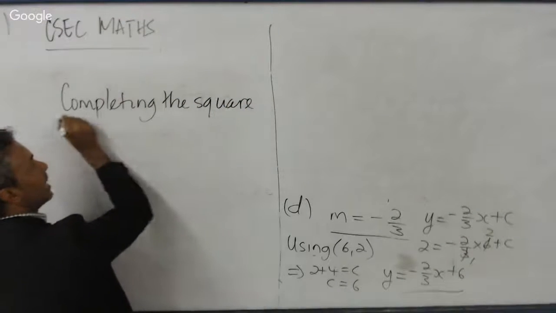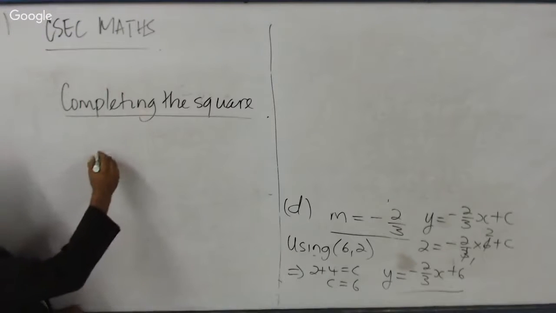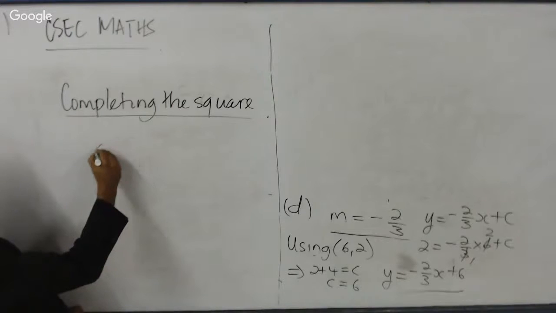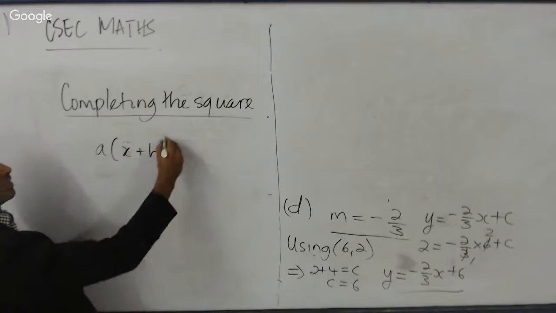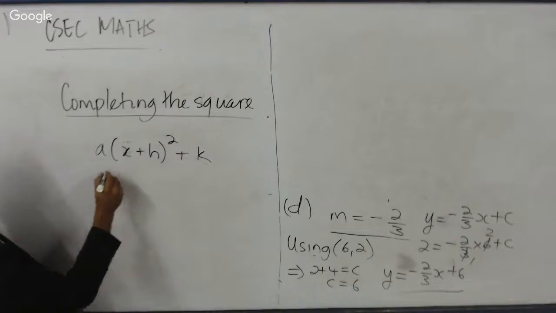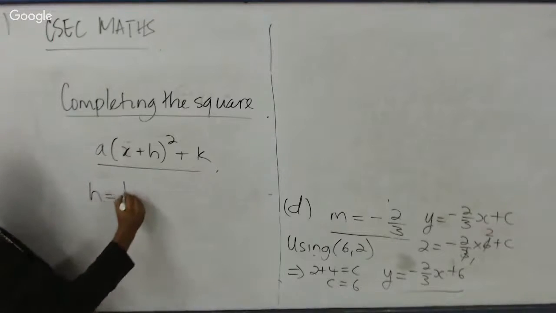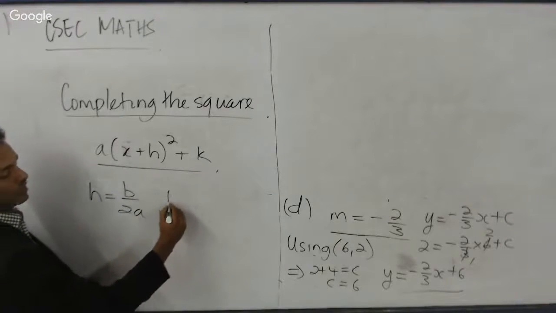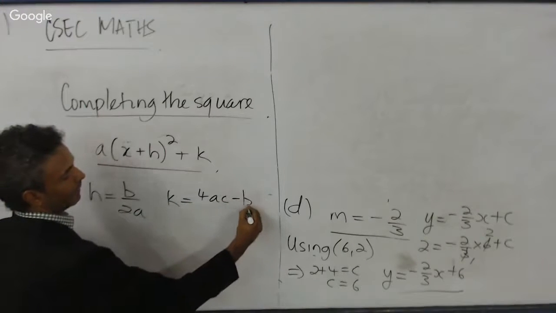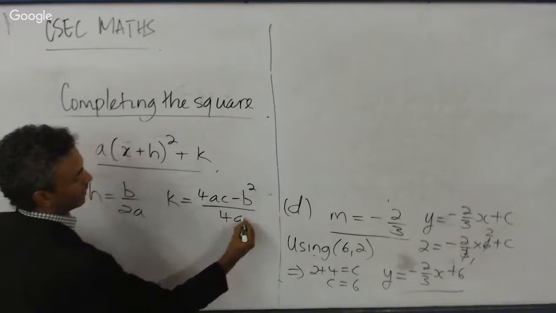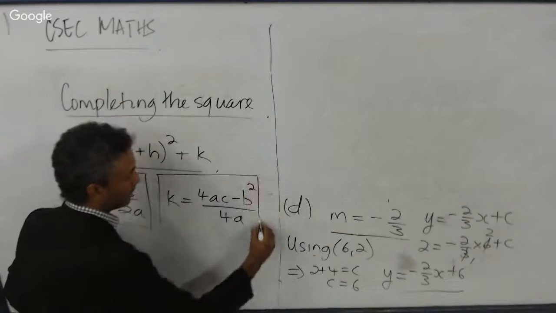Some students use a formula for completing the square. Everybody remembers it? If you write it in the form x plus h squared plus k, h equals b over 2a. Some students use this formula. Some students use a different method. If you have another method and you have been using this, fine.